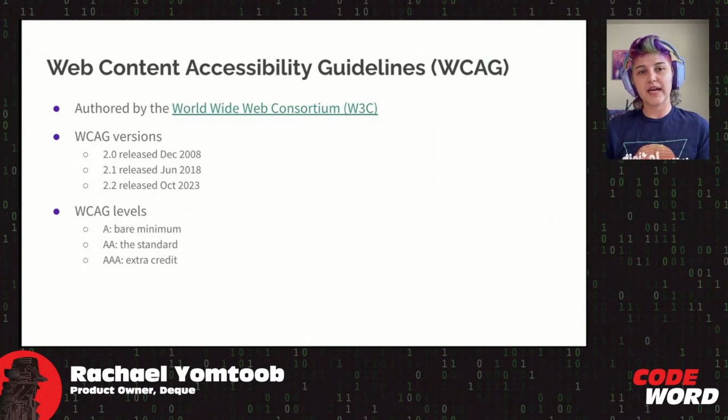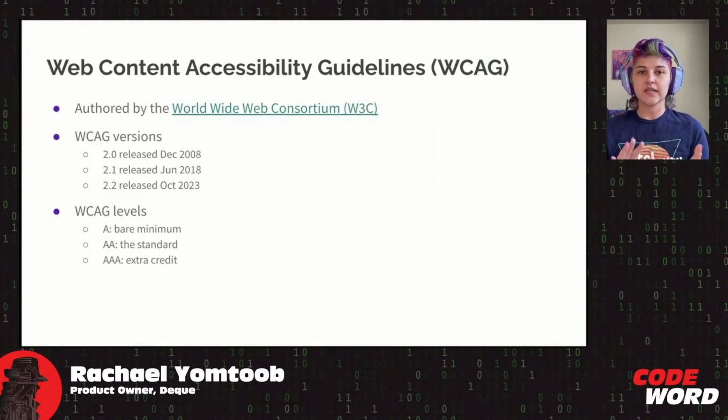And it is authored by the World Wide Web Consortium, the W3C. To describe how it works, there are different versions and levels of WCAG. The oldest version still used today is WCAG 2.0, which was released in December of 2008.